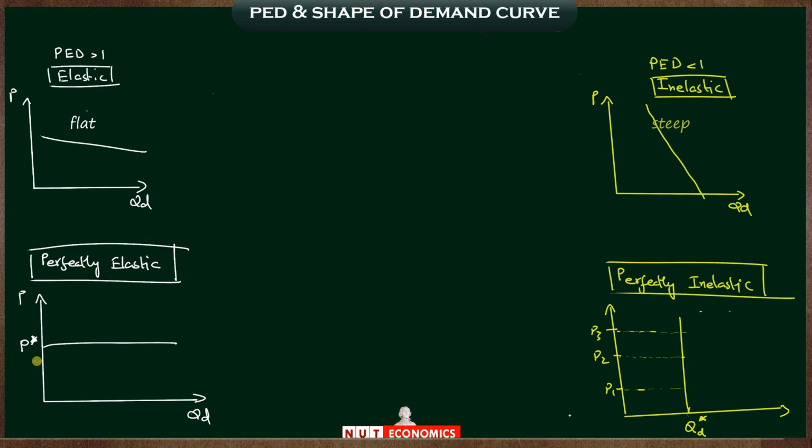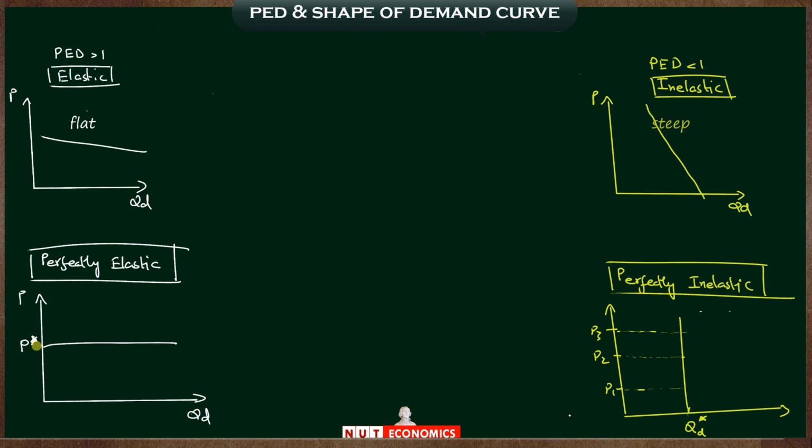If you reduce the price a little bit, the demand will increase so much, it will increase to infinity, and we cannot show infinity on a graph. Whereas if you increase the price a little bit, the consumer just runs away. He's too sensitive. The quantity demanded falls to 0. So the only price at which the demand exists is this price P star.